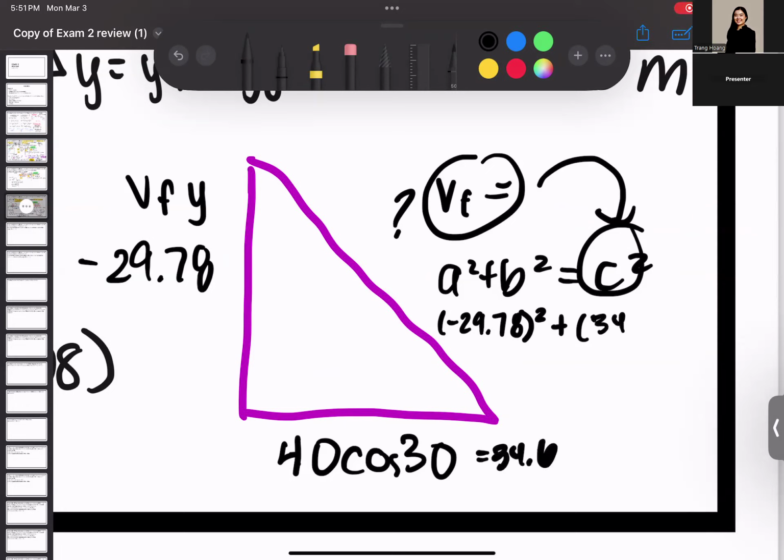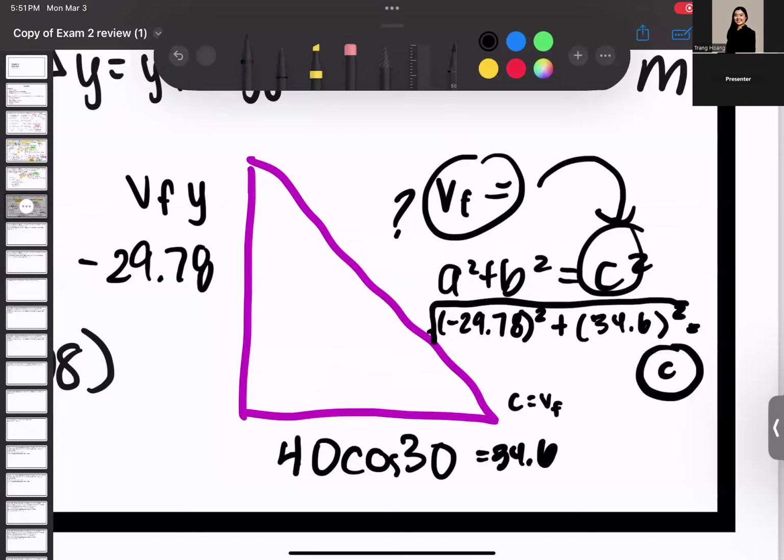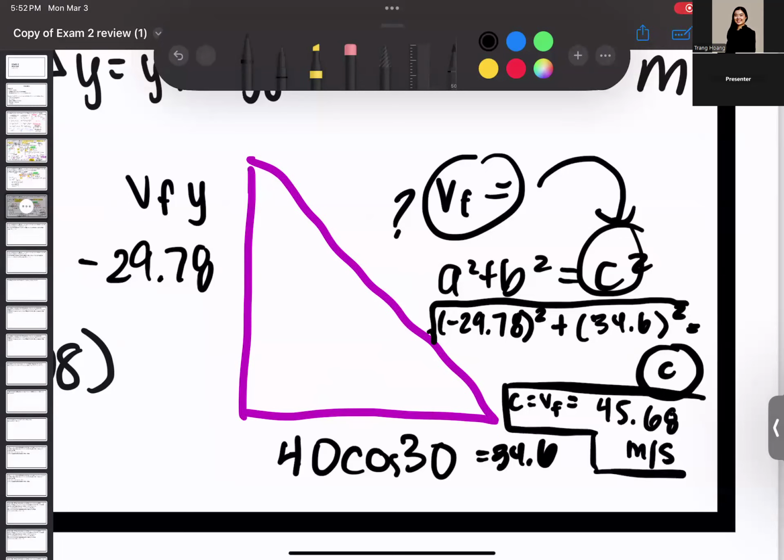So 29.78 squared plus 34.6 squared is equal to c squared, right? You take the square root of all of this and you get c, which is what we want. c is equal to V final, the final velocity, which is equal to 45.68 meters per second. You might think we got the answer, we're done.